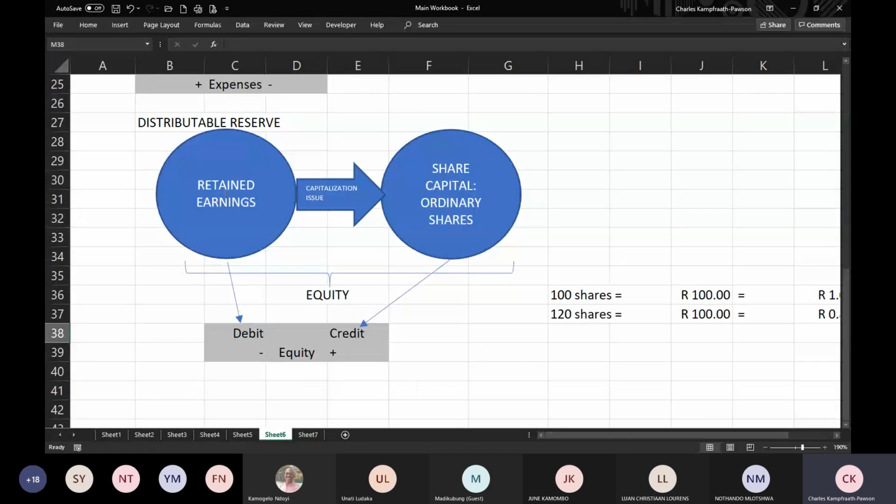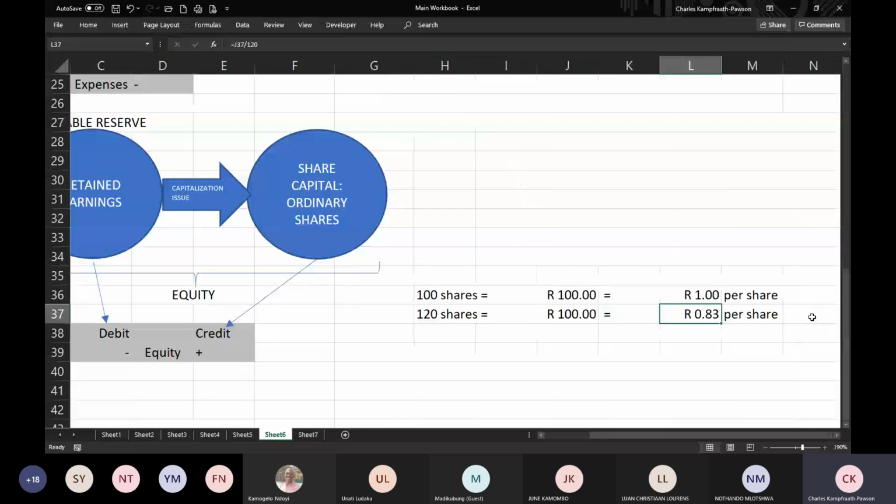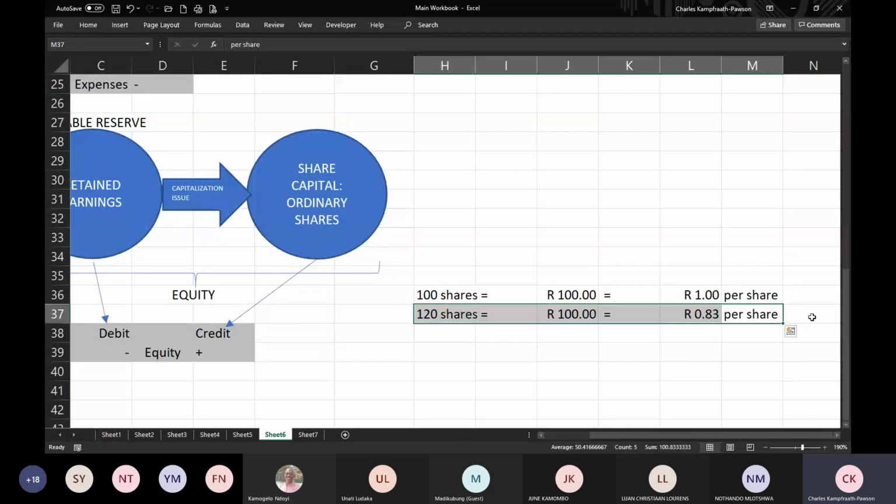I, the company, will transfer distributable reserves to the share capital account. So I will debit my retained earnings and I will credit my share capital, because both are equity, and equity increases on the credit side and decreases on the debit side. So I will transfer retained earnings to the share capital account, and this scenario won't happen then. The dilution of share capital, that won't happen.